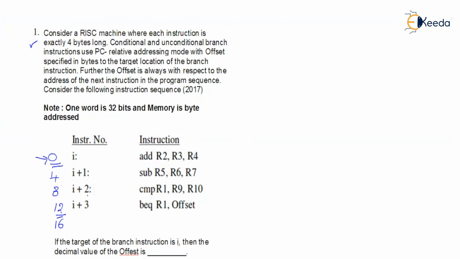Here this architecture is using relative addressing mode. In the relative addressing mode, effective address is equal to PC value plus the address part of the instruction, which is specified in the offset. Now we know the effective address, and we know the program counter value.